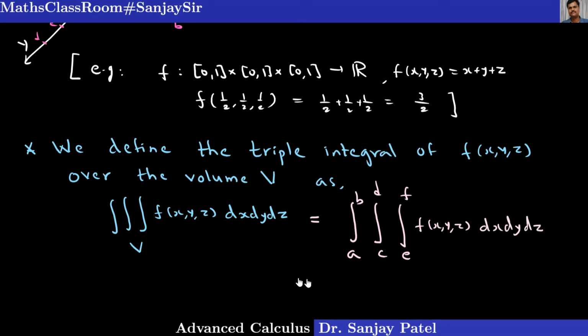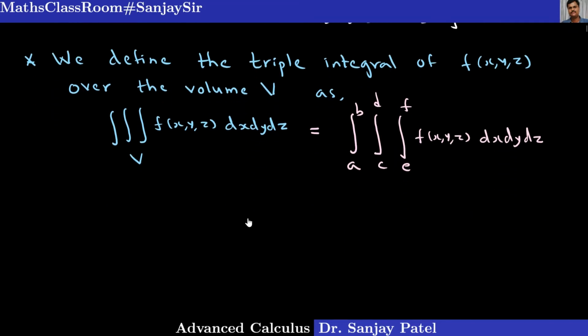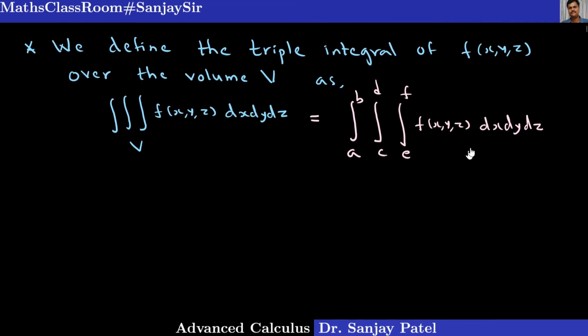And the meaning of this triple integral is that it is to be integrated with respect to z first, then with respect to y, and then with respect to x. And all the limits of integration here are constants. So more precisely, you can understand it like this: x is equal to a to b, then this into y is equal to c to d.